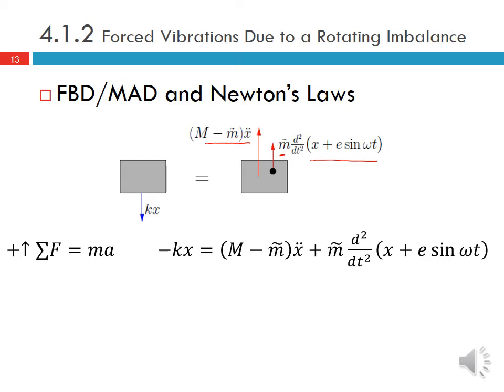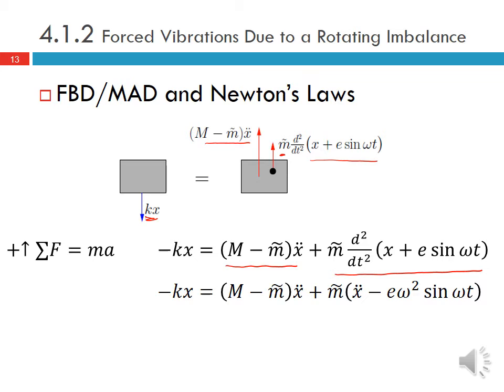And then the force on the free body diagram is just the force in the spring, kx. So writing Newton's laws, sum of F equals ma, we have minus kx is equal to the acceleration of the machine body plus the acceleration of the rotating mass.